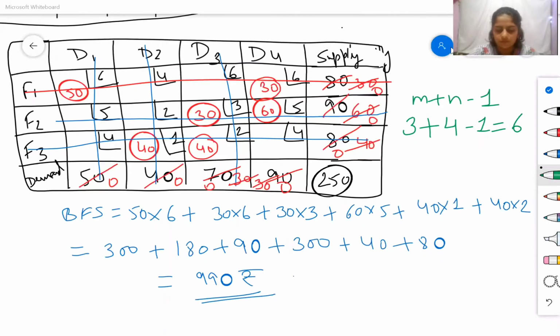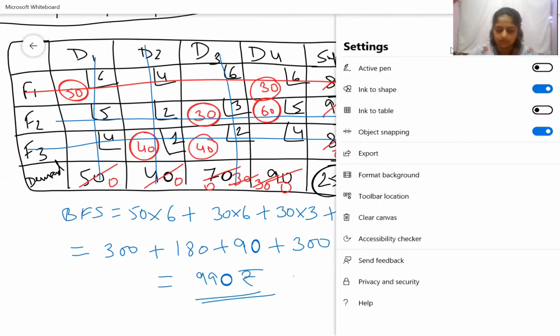Now we will solve one more question of an LCM, which is the least cost method.